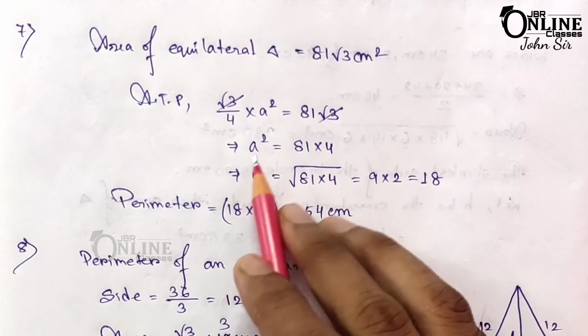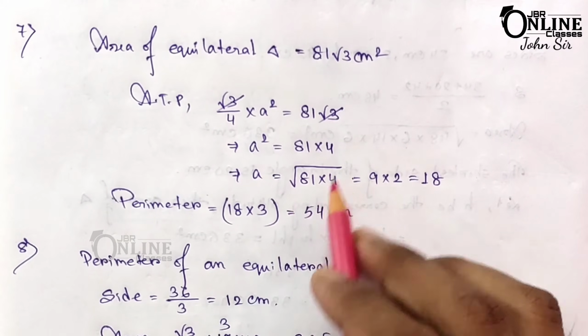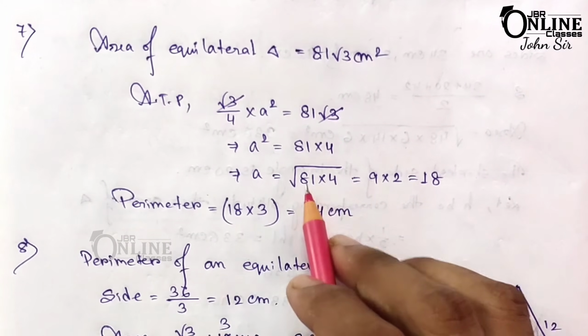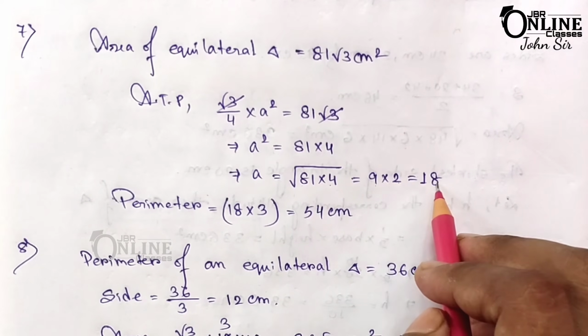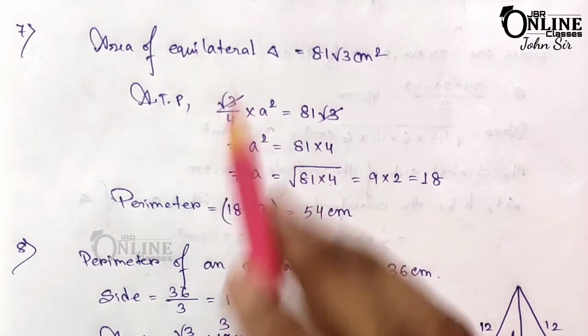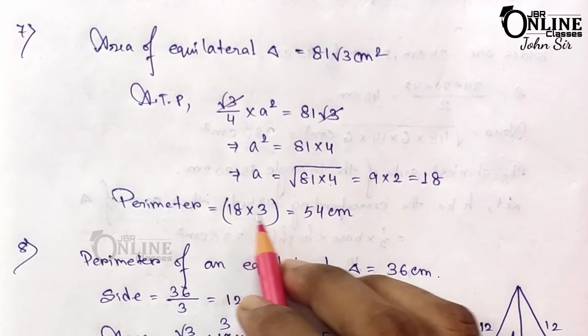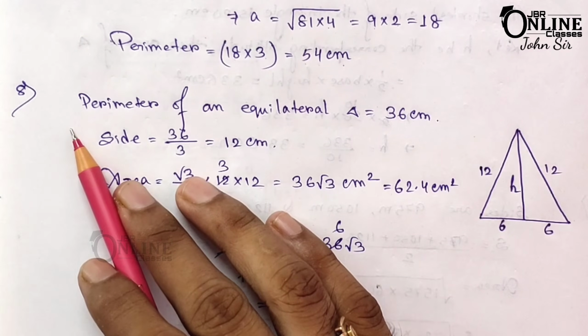Root 3 cancels out. A square equals 81 into 4. So a equals root over 81 into 4. And root 81 means 9. Root 4 means 2. So 9 into 2 is 18. So 18 is the side of the equilateral triangle. Then perimeter will be 18 into 3. So 54 centimeter. Sum number 8.